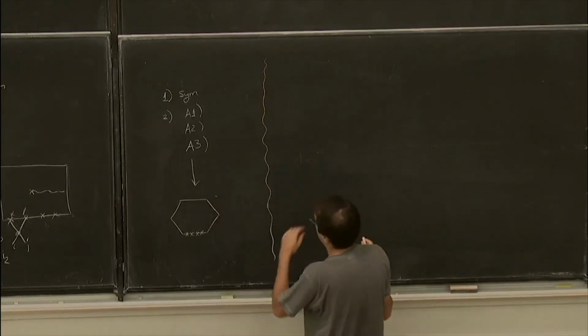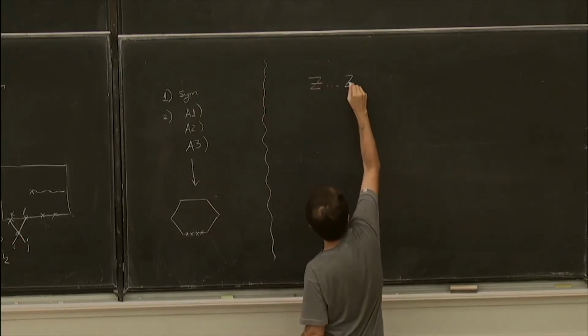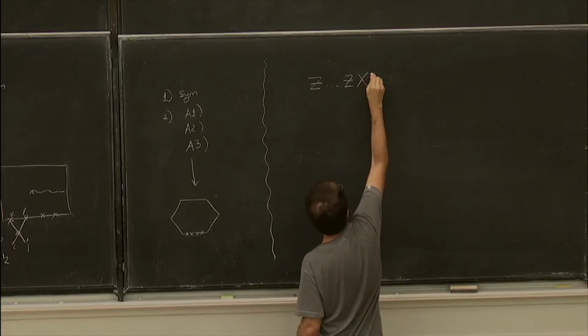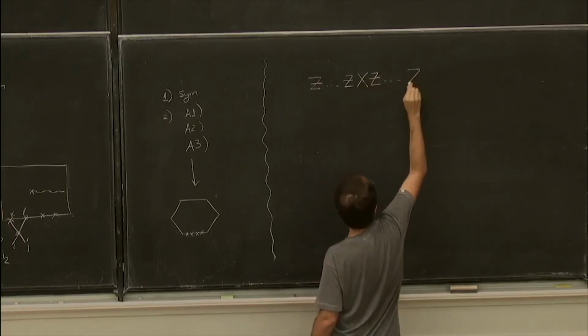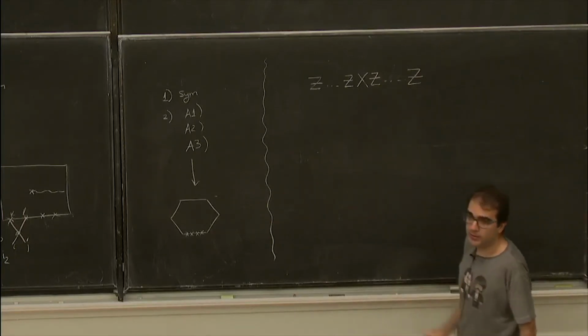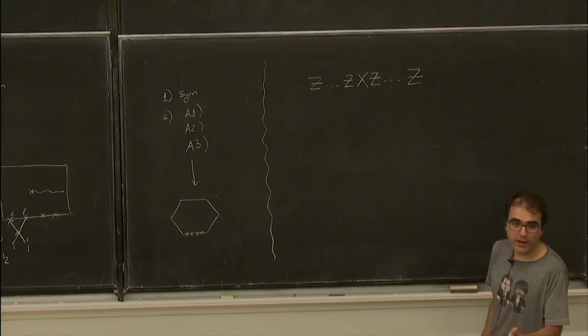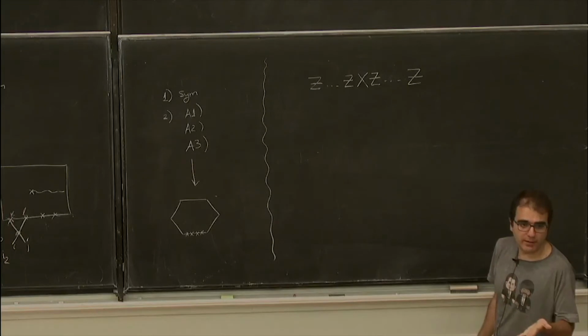So let me just make a comment, which is that when we have the spin chain, we have Z, and we put a particle X, we have Z, Z. So how many scalars can we put here? Well, we have X, X bar, Y, Y bar, but we also have Z bar, right?